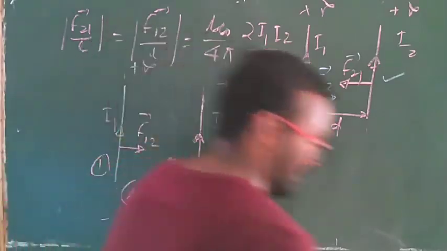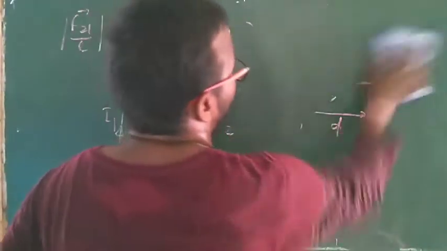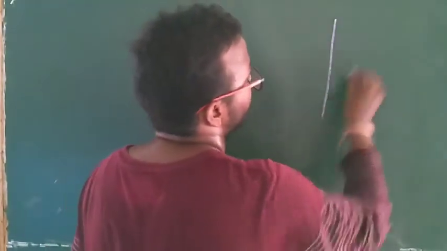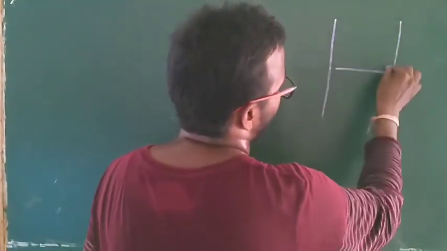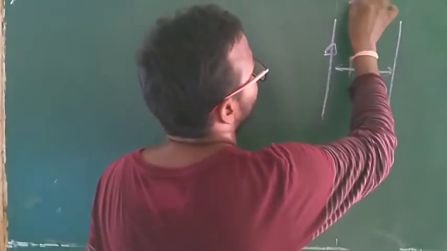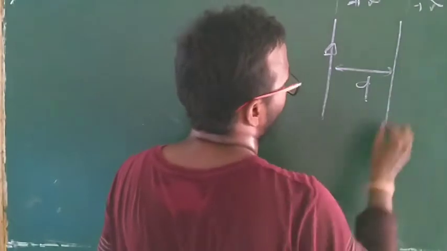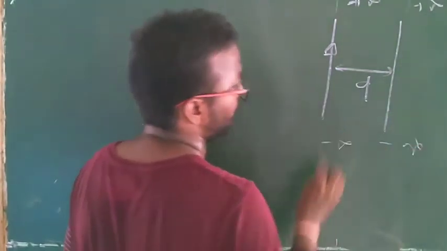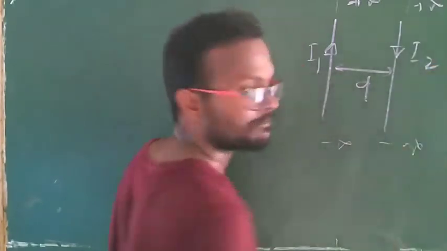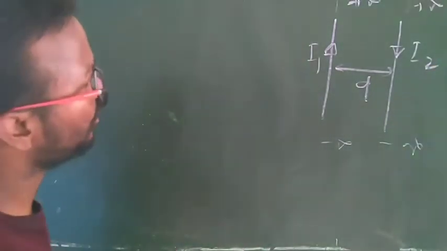We can also prove that if there are two conductors of infinite length and the currents flowing through them are opposite to each other, with separation d between the conductors, then the force experienced by the second conductor due to the first is upward. Clear?